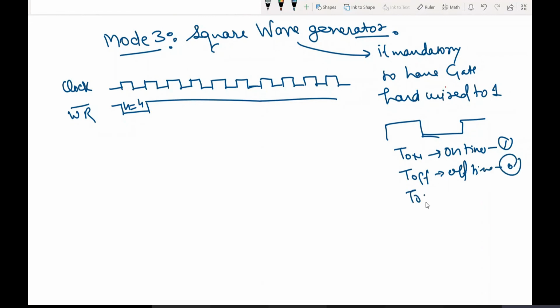So if T on is equal to T off, that wave is called a square wave. If on time and off time are equal, this is called a square wave. Is that clear?